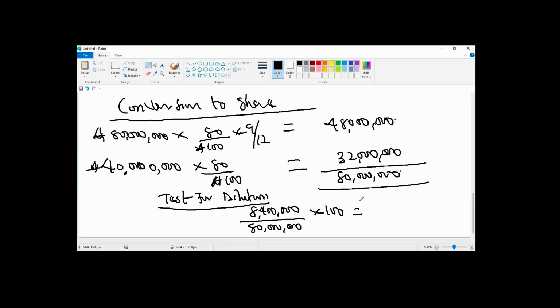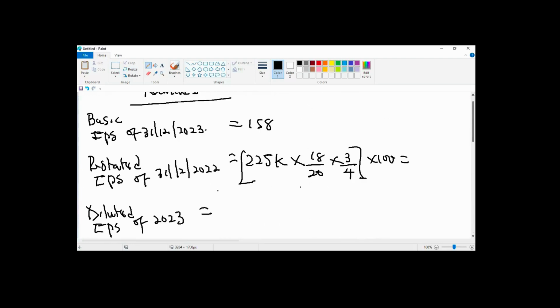Yes, 10.5 kobo only. It has diluted. Mr. Roberts, can you see that?